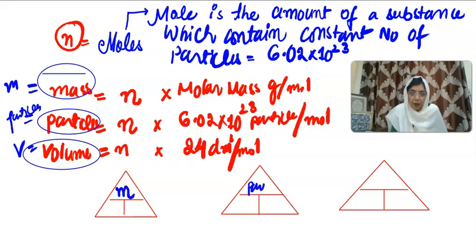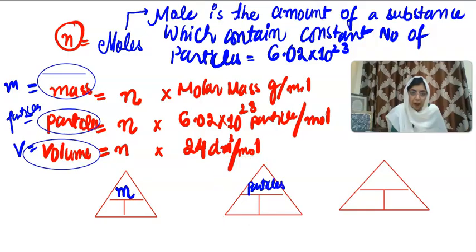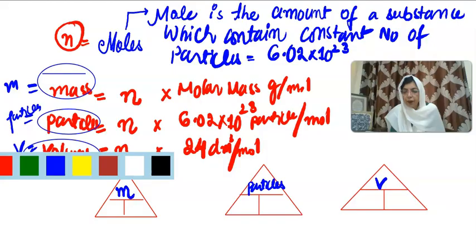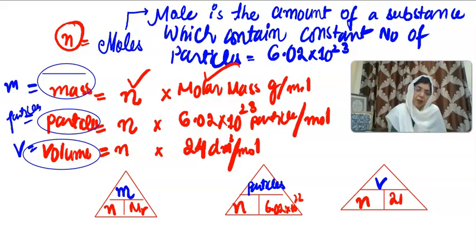For particles, you put particles here. And for volume, you put volume here. Now the rest of the things equal n × Mr. You put n here, n here, n here, n × Mr, and n × 6.02 × 10^23, and this is 24.